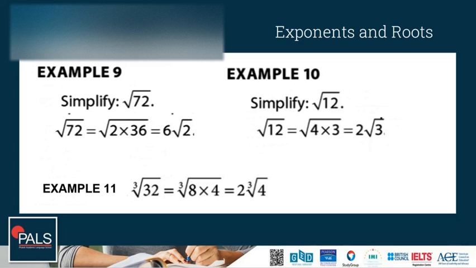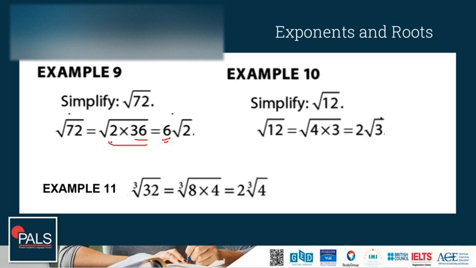Example number 9. Simplify square root of 72. Square root of 72 is not a perfect square, but we can simplify it. To simplify it, you need to look for the factor of 72 which is a perfect square. 36 is a perfect square because 36 times 2 is 72, and the square root of 36 is 6.